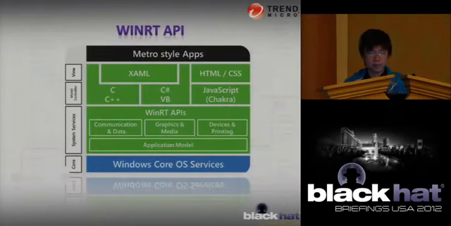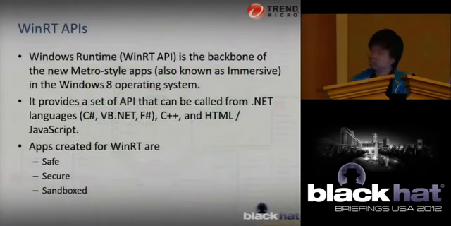All right, next feature, WinRT API. WinRT means Windows Runtime. It is the backbone of the new MetroStar apps. It provides a set of APIs that can be called from C#, C++, or HTML, JavaScript.